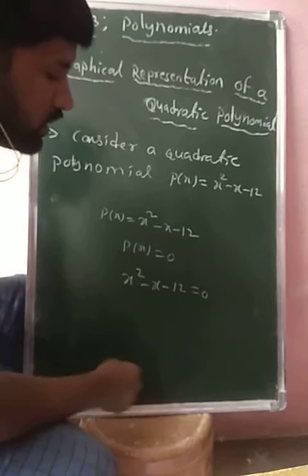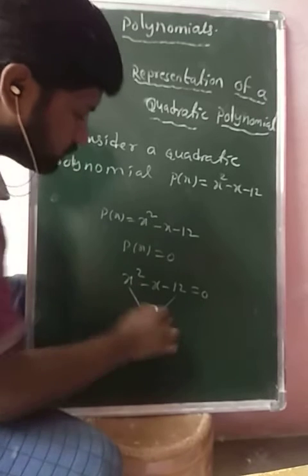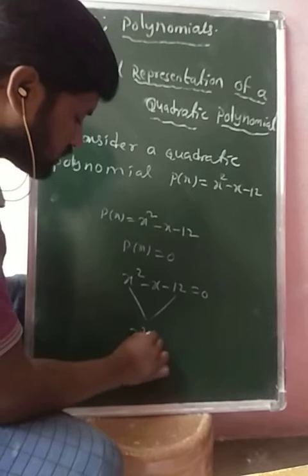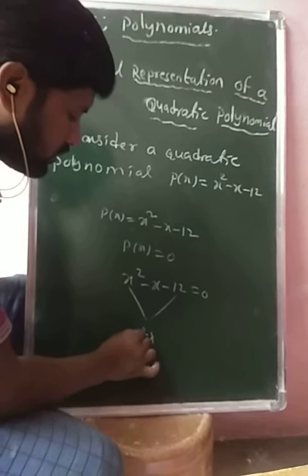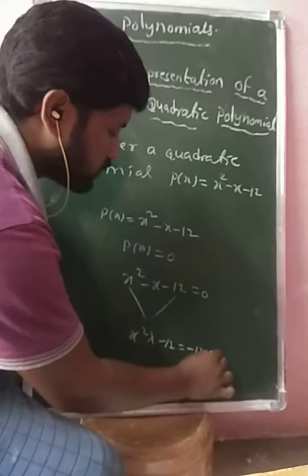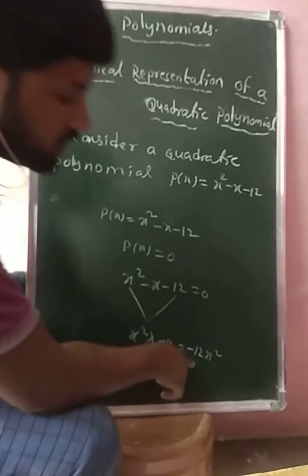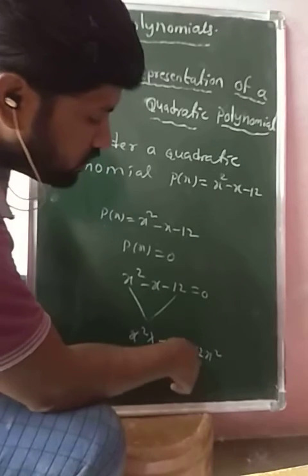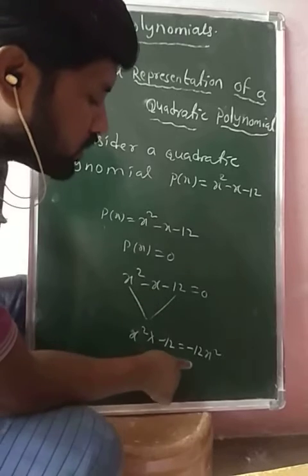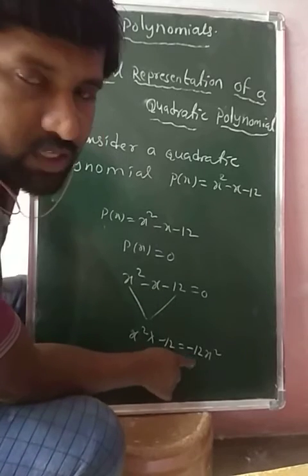Okay. So by splitting the middle term, x square into minus 12 is equal to minus 12 x square. What are the factors of 12? Their sum should be minus 1x, their product should be minus 12x square.